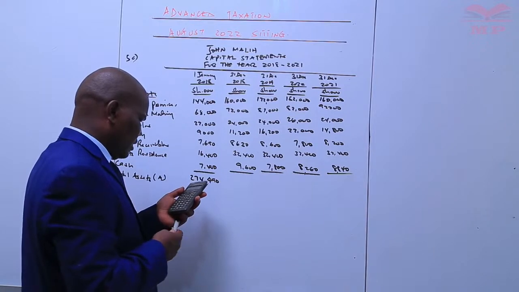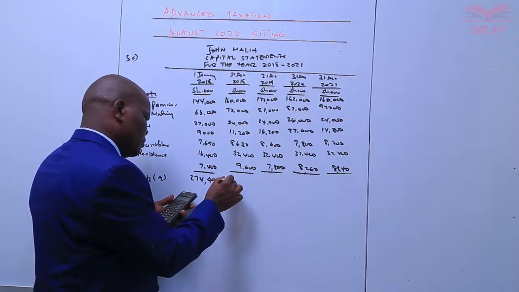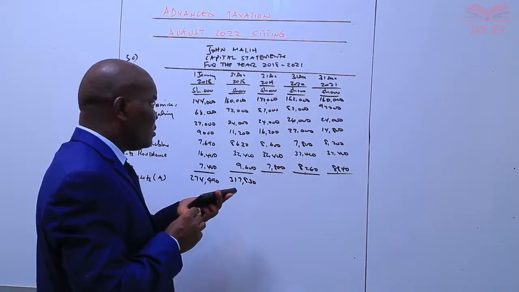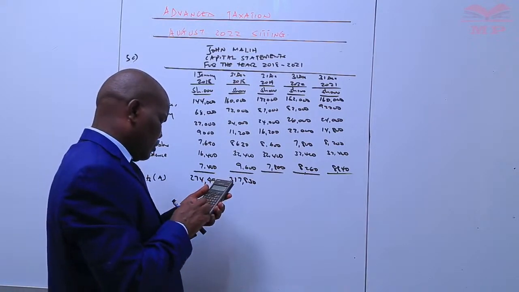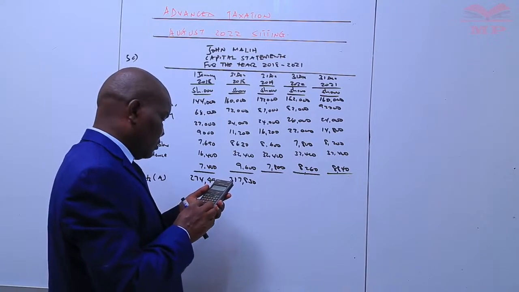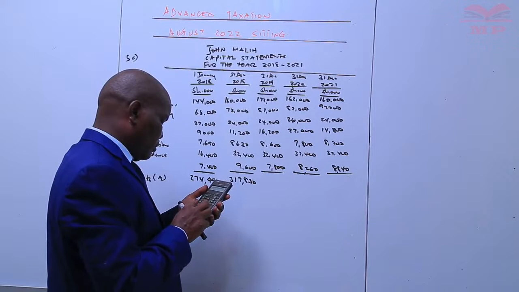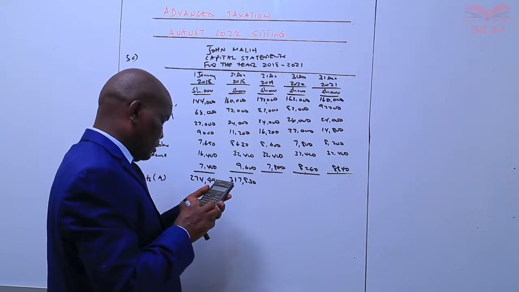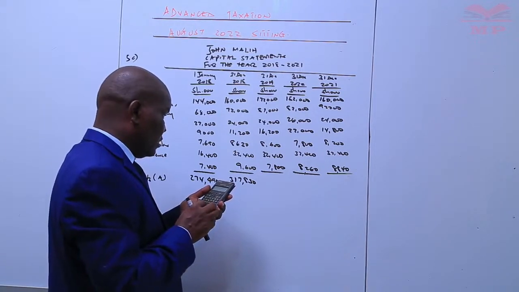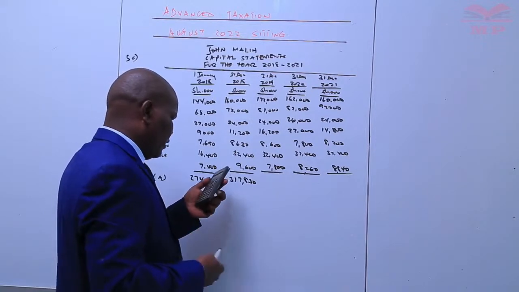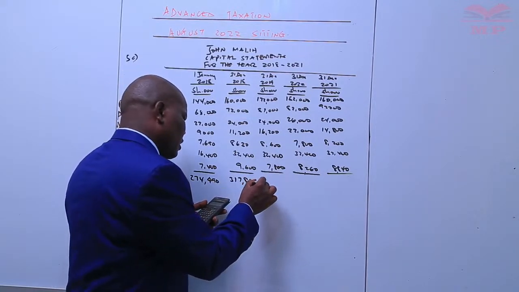I'm getting 317,830. 2019, 172, 87, 24, 16,200, 8,600, 32,400, and 7,800. I'm getting 348,000.